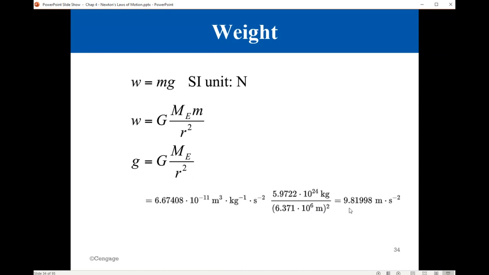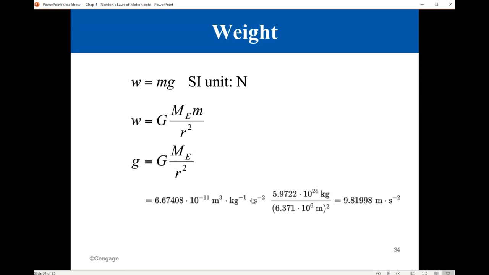Evaluate, this is 9.8 meter per second squared. So now we are educated. Now we know from where we have this 9.8 meter per second squared for the gravitational acceleration. Okay, this is how we calculate it, this is how we get it.